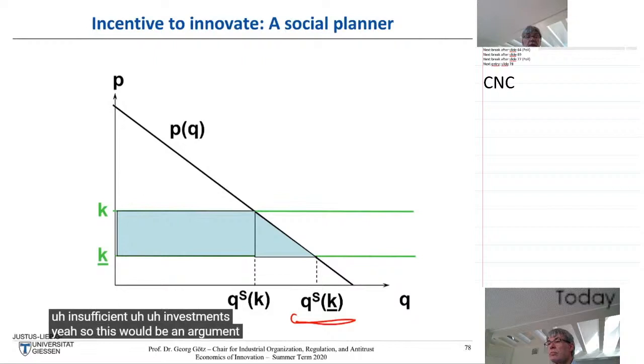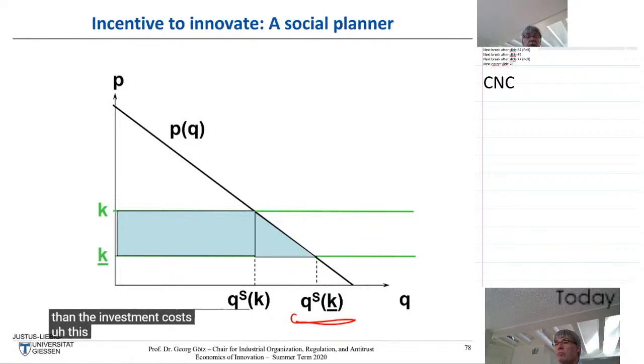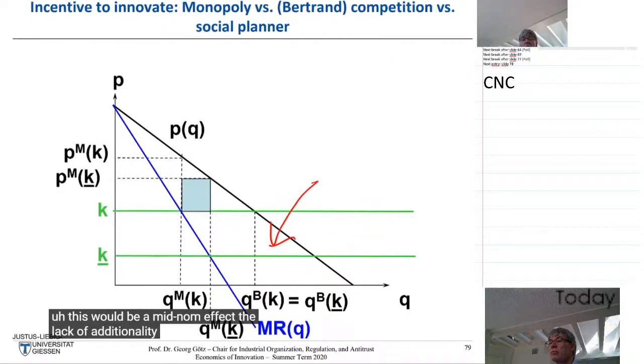This is an argument often put forward for R&D subsidies, because you cannot appropriate all consumer surplus. What is interesting here, of course, is that firms would always like to have subsidies, even in cases where the profit gain is higher than the investment costs. This would be a windfall effect, the lack of additionality, so you always have to check for that.